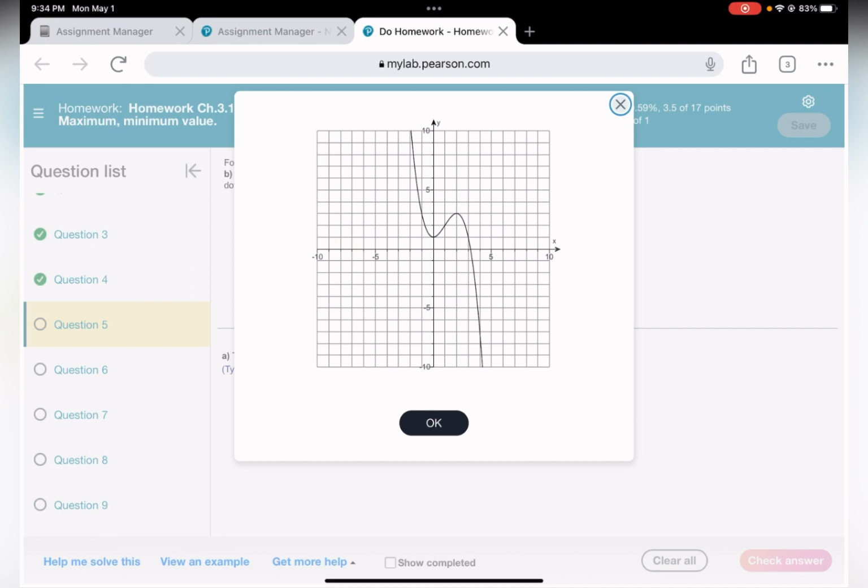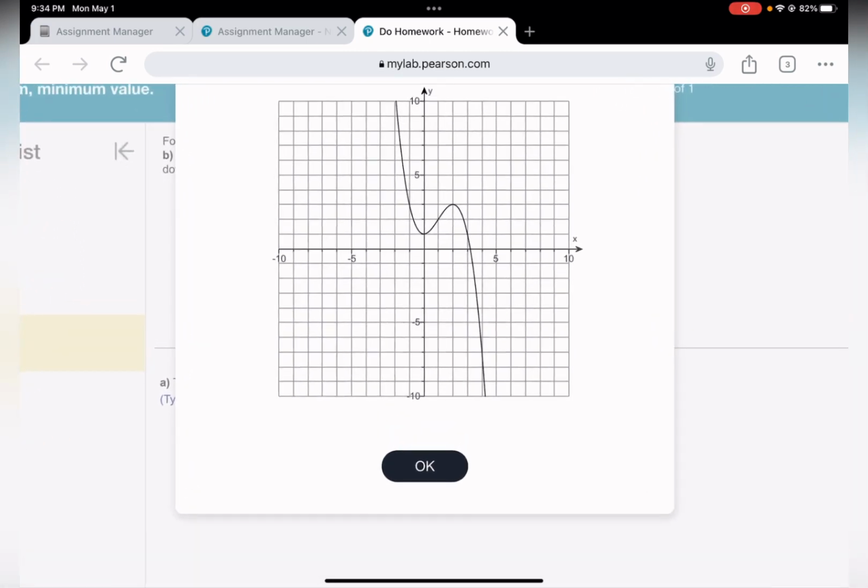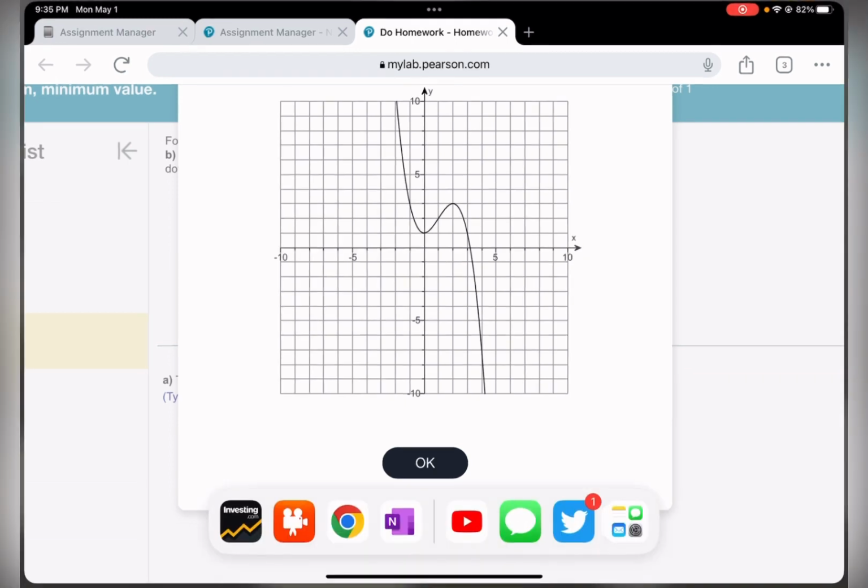So in this case, we need to identify the relative extremum, which is going to be either a minimum or a relative maximum. So let's identify on this graph. We see that we have a relative minimum, the graph already tells us, and that is at the point 0 and 1, right? So let me draw this graph.